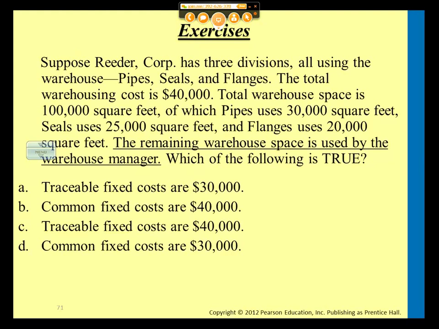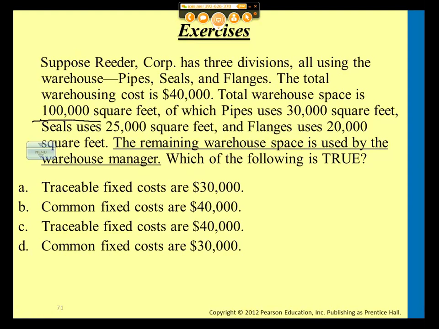How do we calculate this? First we want to see what the 3 are using, so we'll sum those up. 25, 30, and 20,000 is 75,000. 75,000 out of the 100,000 square feet, that's your 75%.